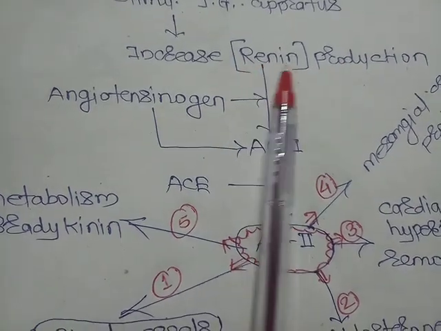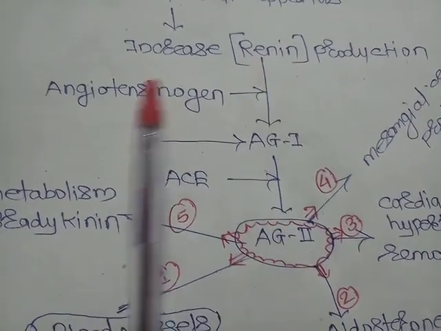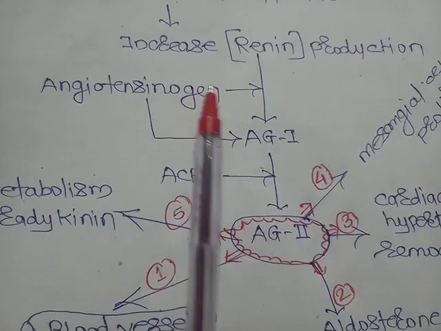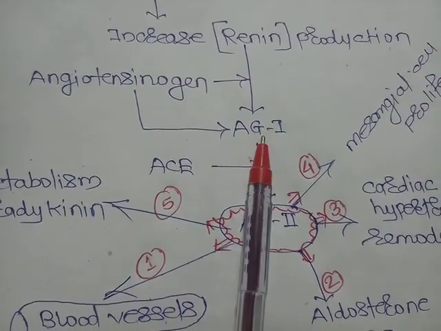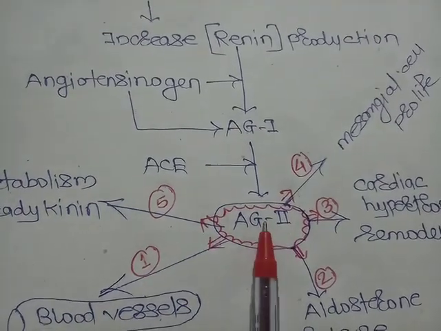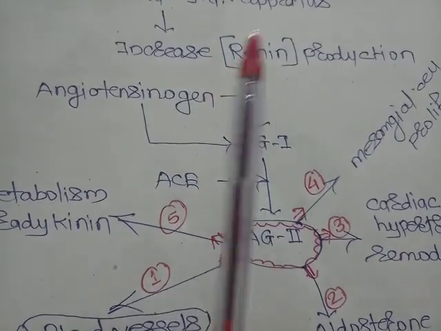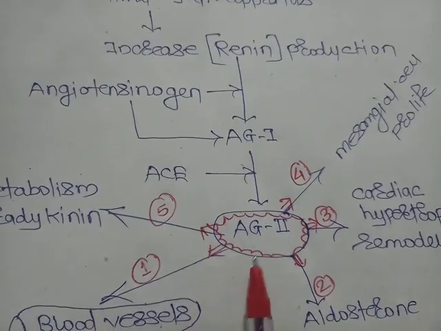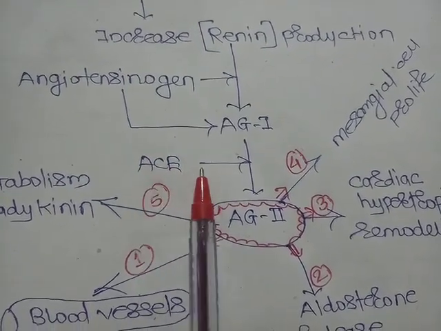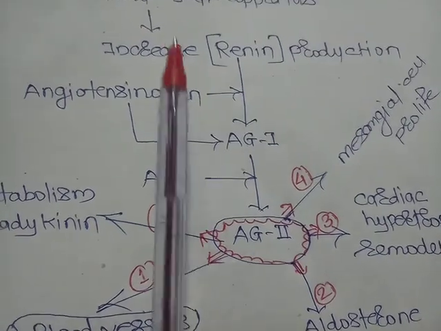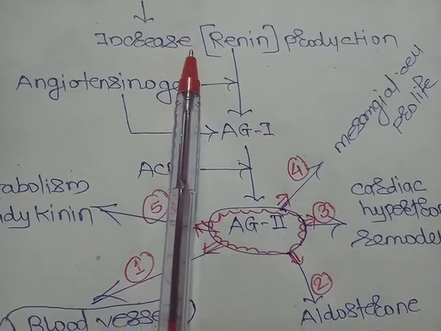If you inhibit renin, which converts angiotensinogen into angiotensin 1, then if there is no formation of angiotensin 1, there will be no formation of angiotensin 2. So we can use ACE inhibitors like captopril, enalapril, or direct renin inhibitors like aliskiren.